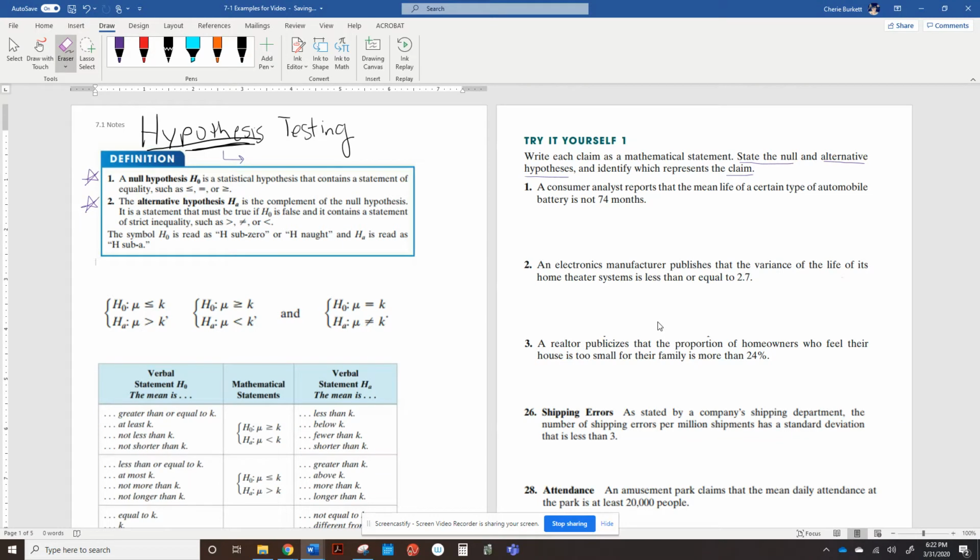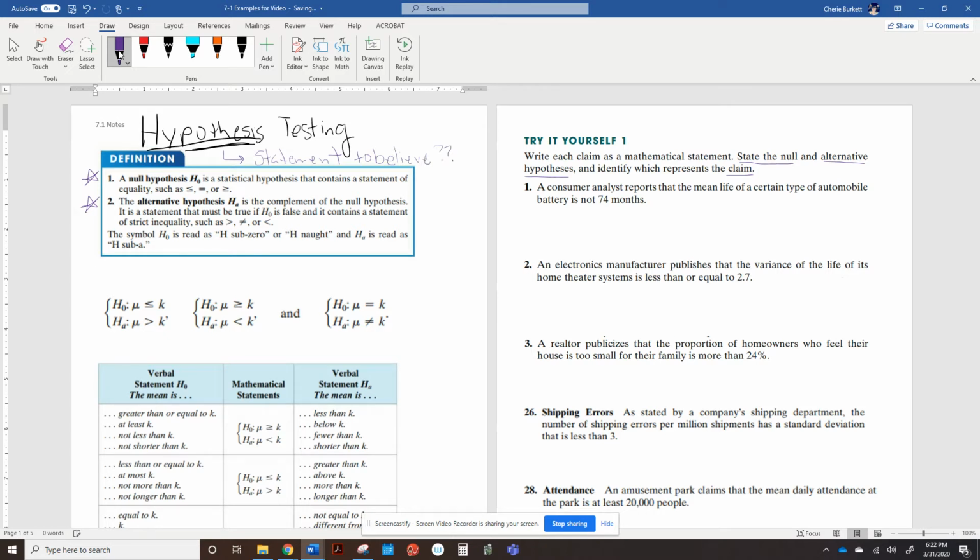All right, you guys, chapter 7 is on hypothesis testing. We are going to start with understanding that the word hypothesis is just going to be a statement, a statement that someone wants you to believe.